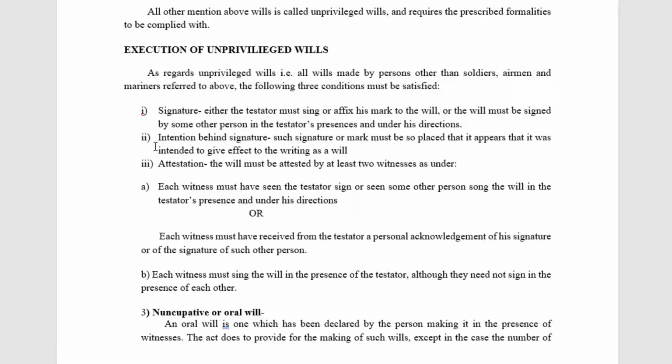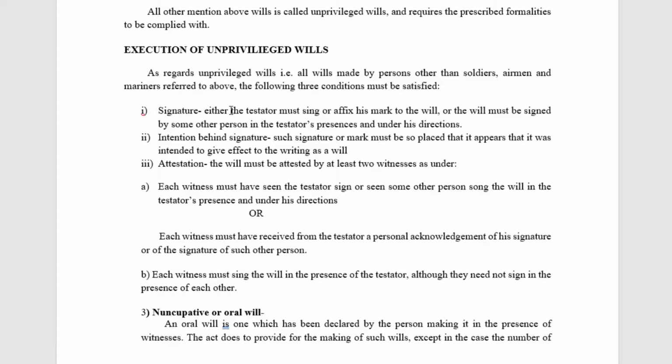Here with regard to signature, either the testator must sign or affix his mark to the will, or the will must be signed by some other person in the testator's presence under his direction. This is the basic thing we can see with regard to the execution of the unprivileged will. That means a testator may put his signature or he may put his thumb mark, that is, affix his mark, or the will must be signed by some other person in the testator's presence under his direction.